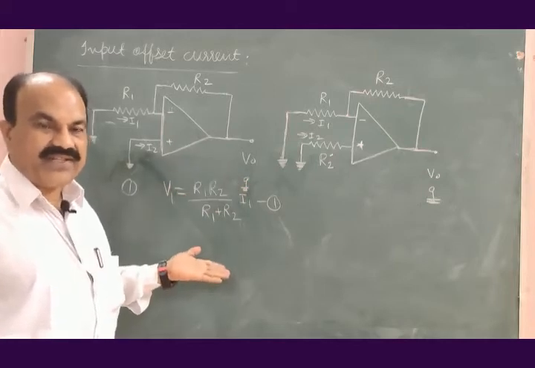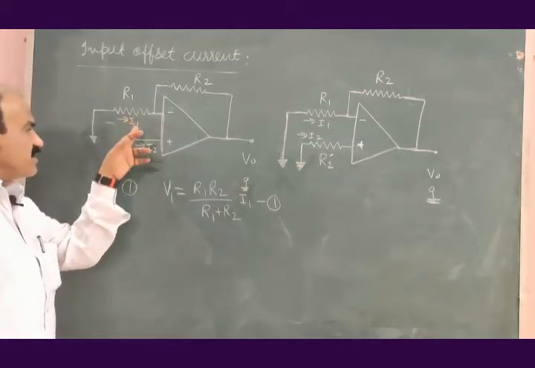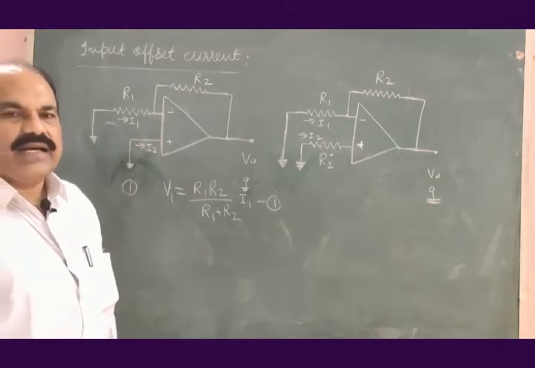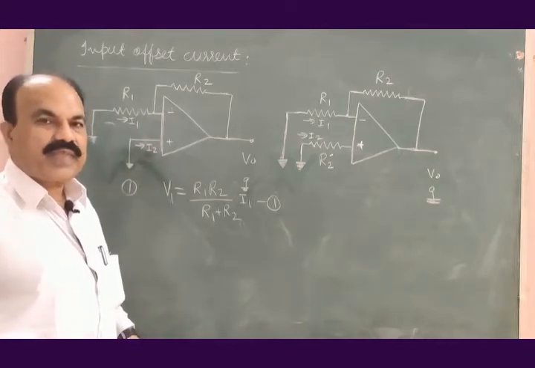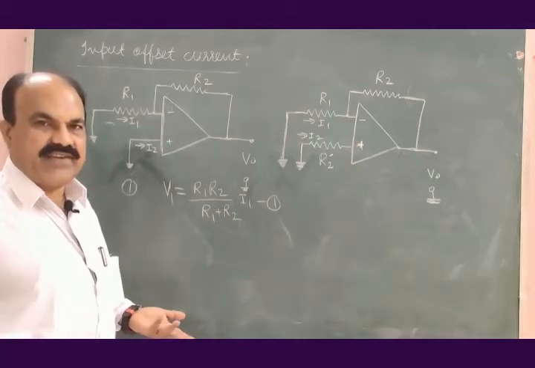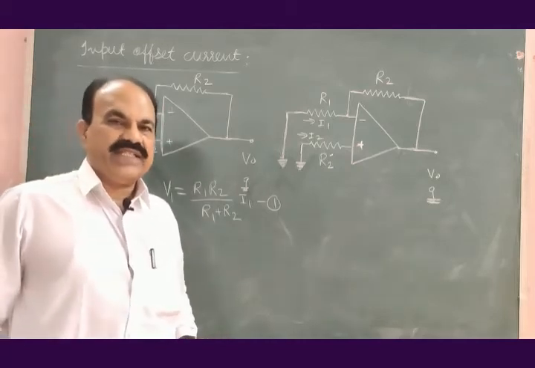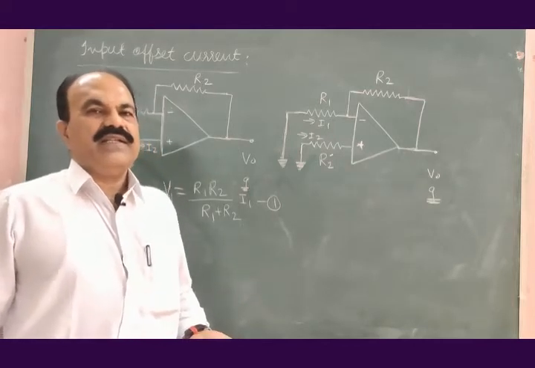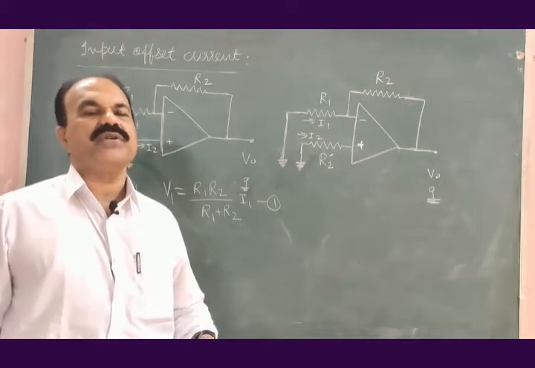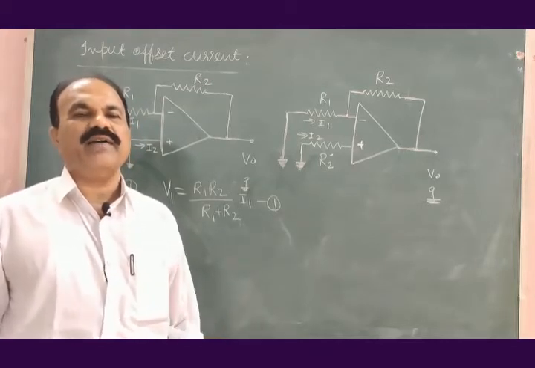Why is this happening? This is happening because currents I1 and I2 are not the same, and therefore there is a current differential. As I1 and I2 are not the same, there is a current differential because of the inherent mismatch in the fabrication of the components of the operational amplifier.